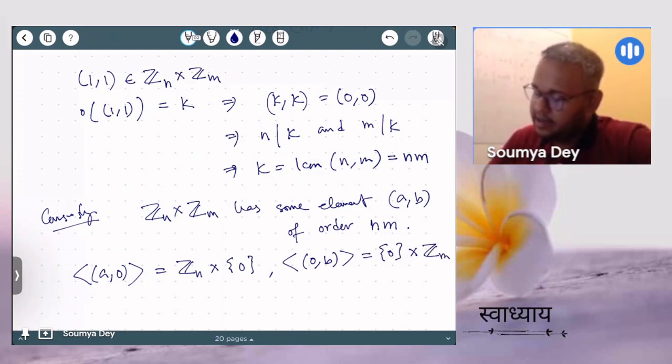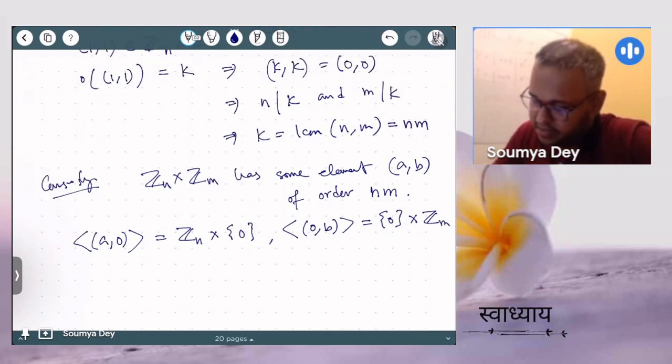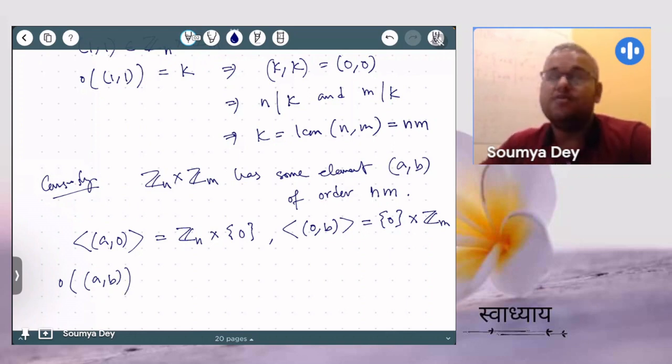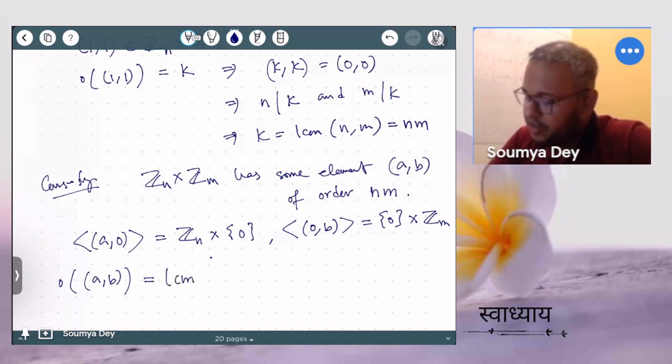Now (a, b) is equal to (a, 0) plus (0, b), and you want to add (a, b) a sufficient number of times so that both entries become 0. To do that, you just need the order to be the LCM of these two.